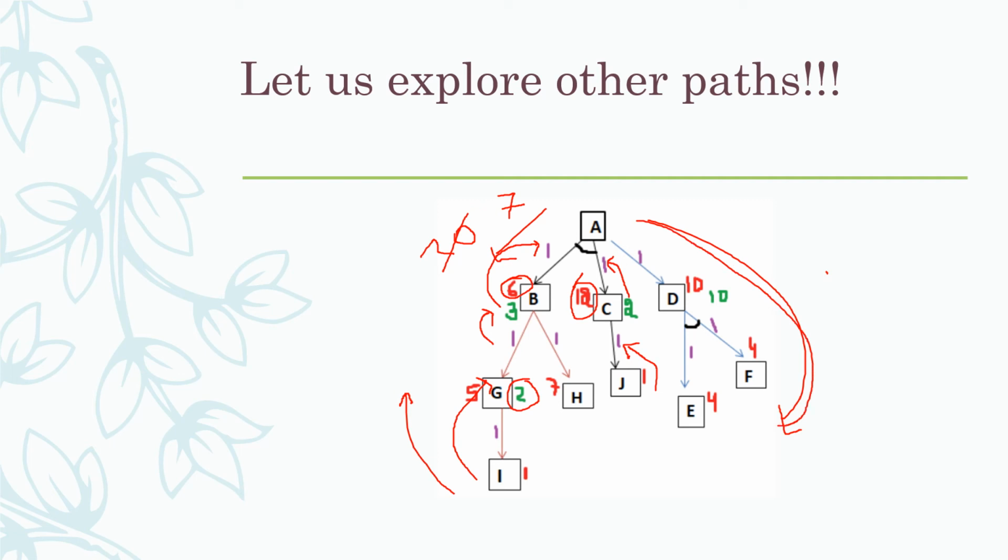So we can see that from this path we can get a cost function of 11, but from this path it is possible to reach a heuristic cost function value of 7. This is less than 11, so this path is useful for us. But in the AO-star algorithm we do not get the optimal solution.